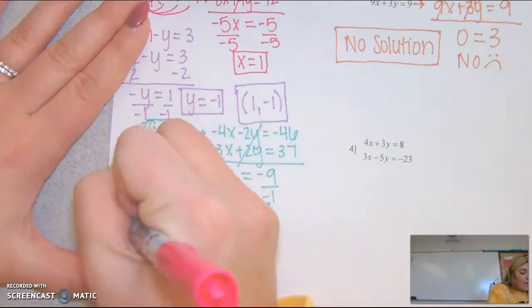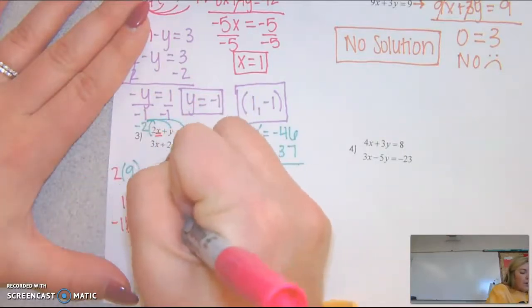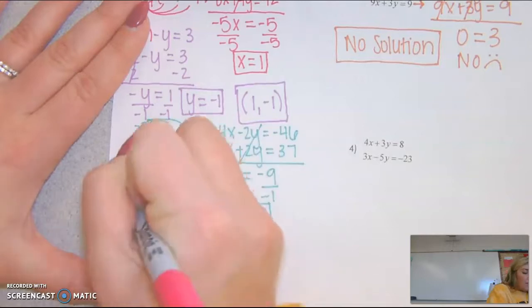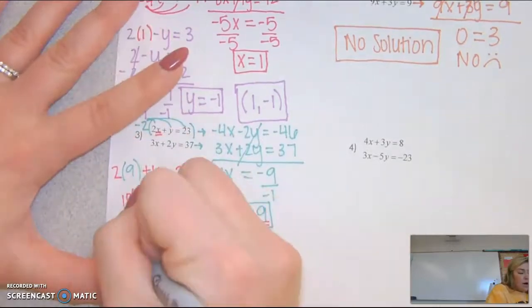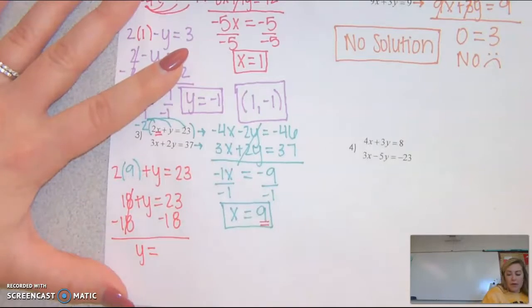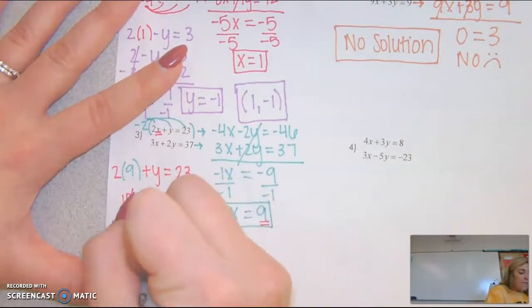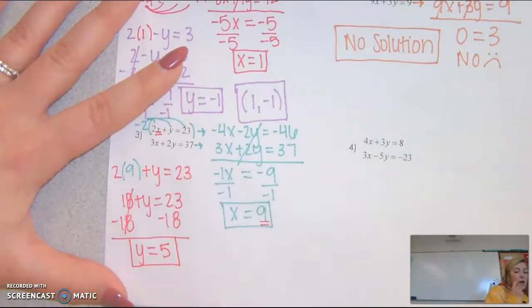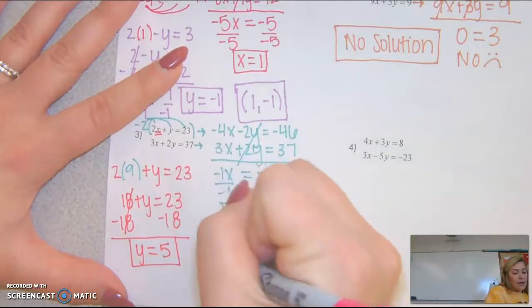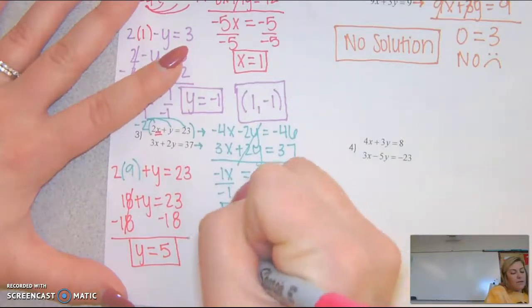And subtract 18 from both sides to get y by itself. So y equals 23 minus 18 is 5. So when I write my answer, I need to write it as 9, 5.